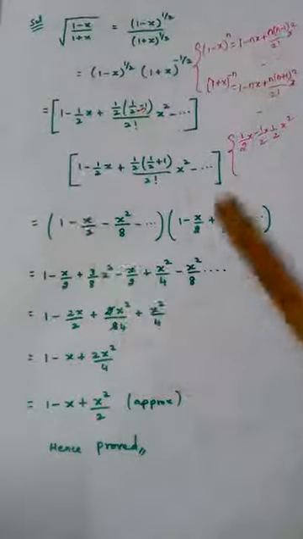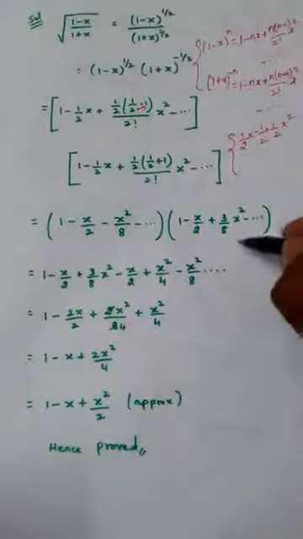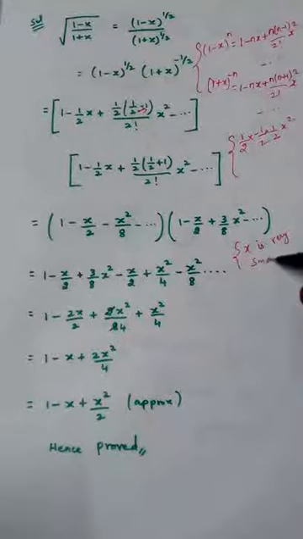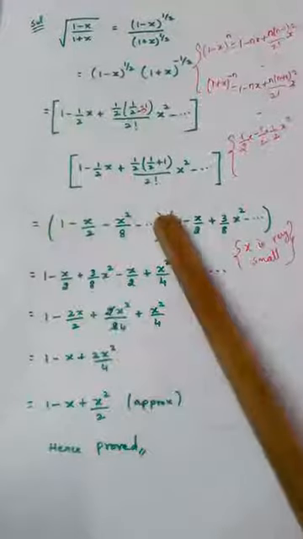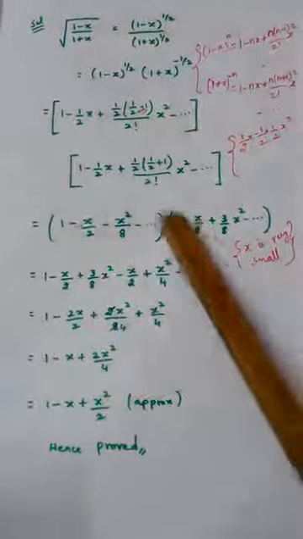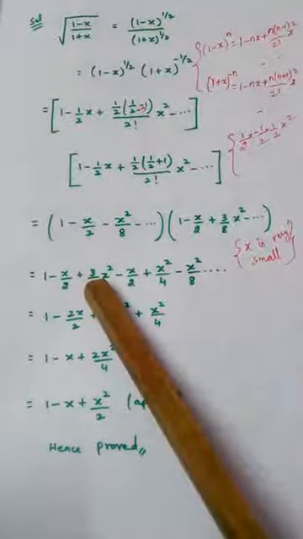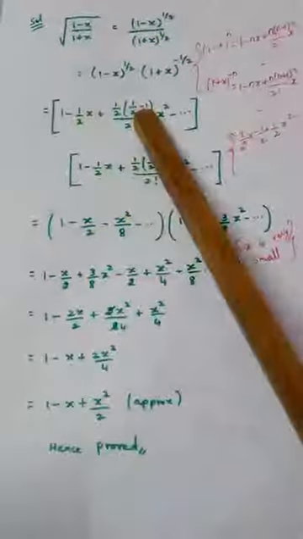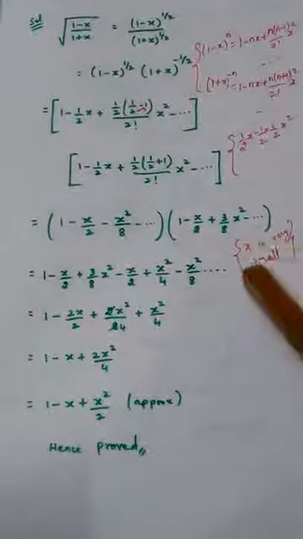Now I am going to multiply these two brackets. Keep in your mind that x is very small. For this problem, the condition was given to us: x value is very small. So when I multiply 1 with 1, the answer is 1. 1 into minus x by 2, minus x by 2. 1 into 3 by 8 x square, 3 by 8 x square, right? Even if you see here, I have written 3 terms. The next term I have not written because x is very small.